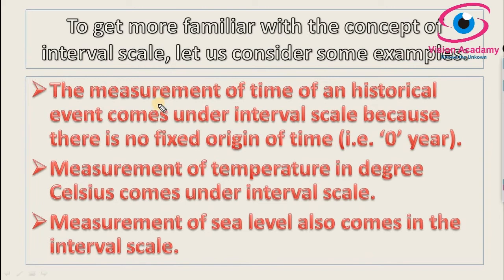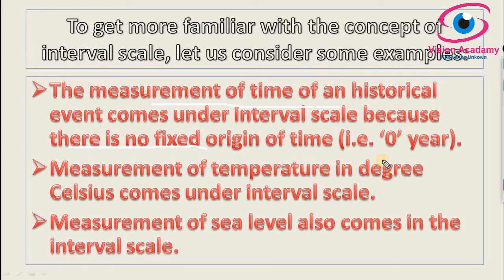As I told you already, measurement of the time of a historical event comes under the interval scale. Because in the year, there is no fixed origin of time, that is, a 0 year. You cannot find something like a 0 year, just because the 0 year differs from calendar to calendar or society to society. For example, Hindus have another calendar, Muslims have another calendar, and the Hebrew calendar is also there.